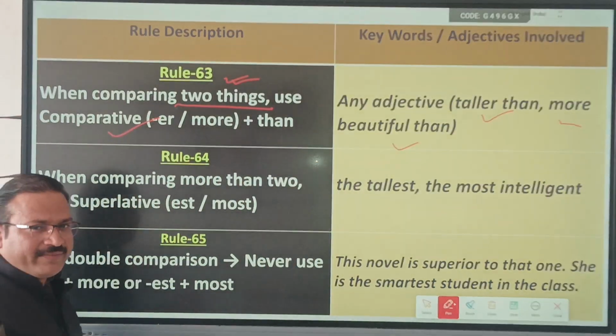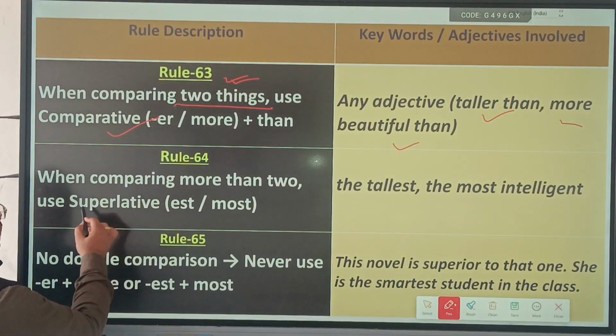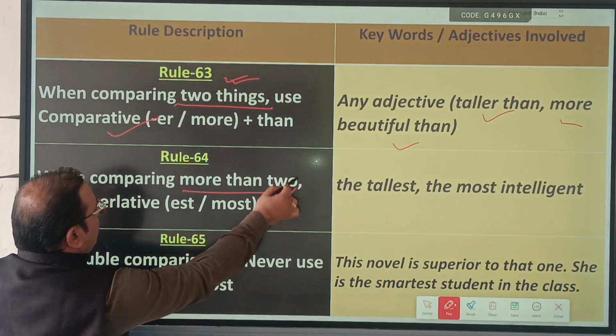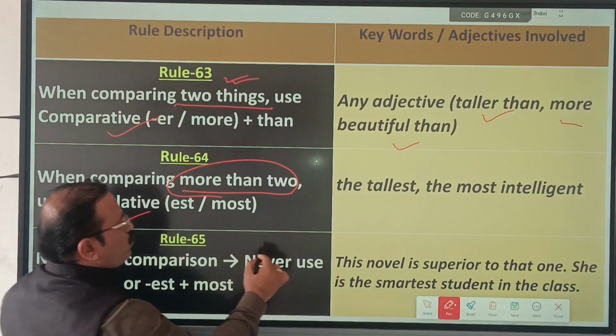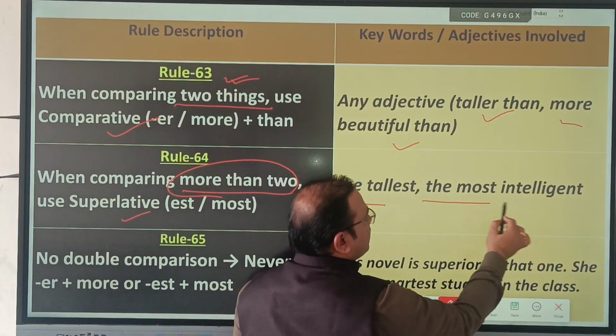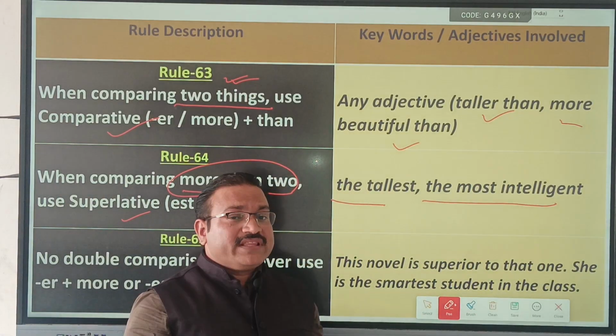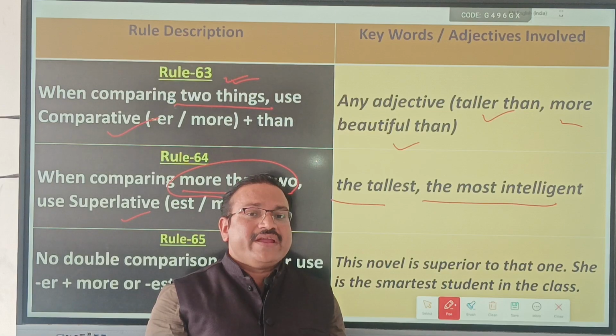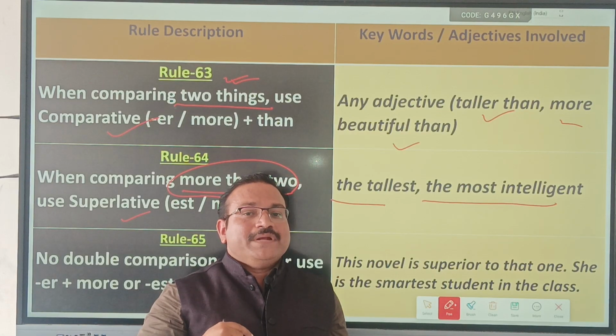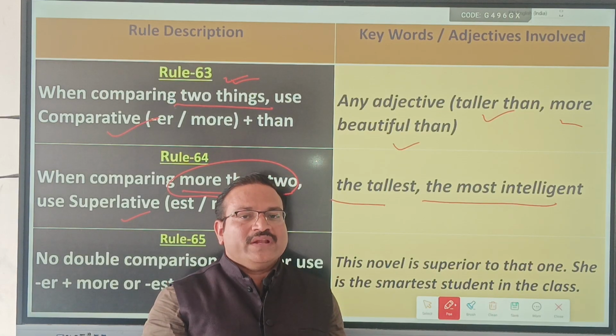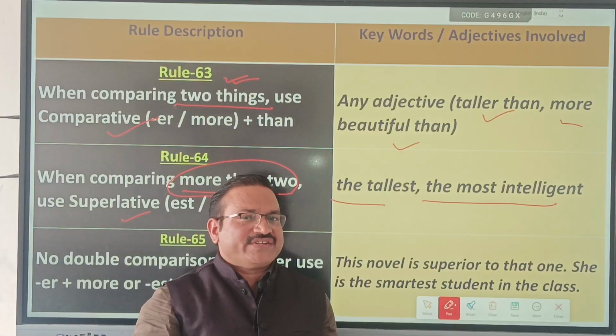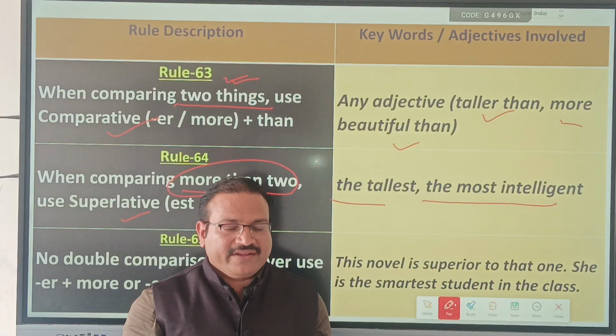It is very simple, everybody knows. When we are comparing more than two, we use the superlative degree. When the comparison is being made between more than two, when the number is more than two, only then shall we use the superlative degree.